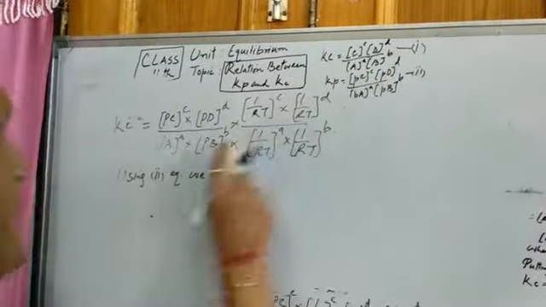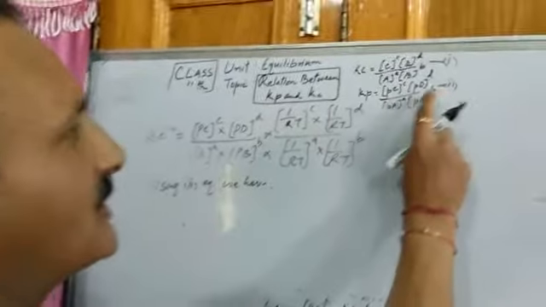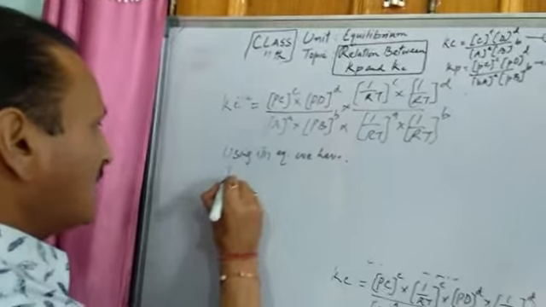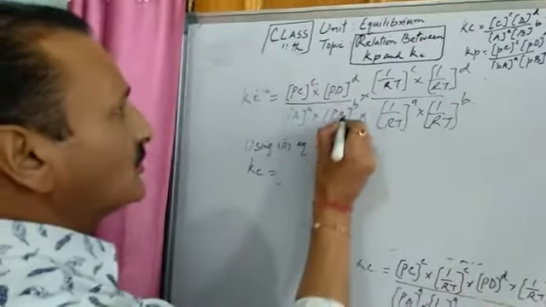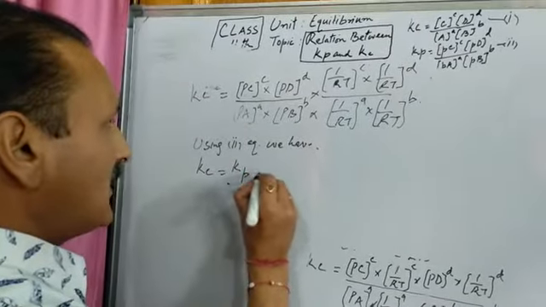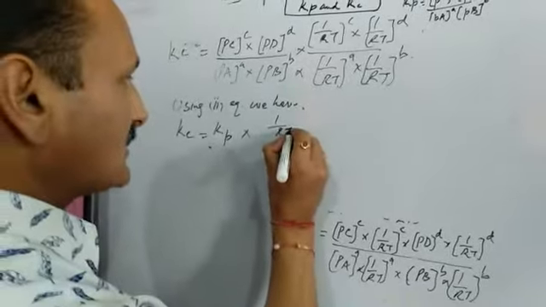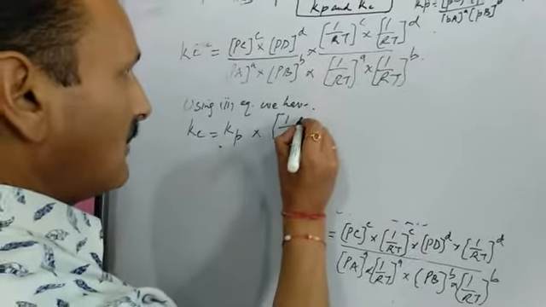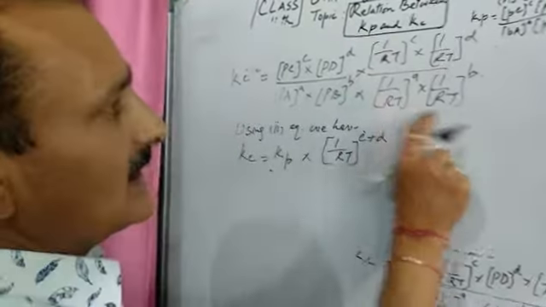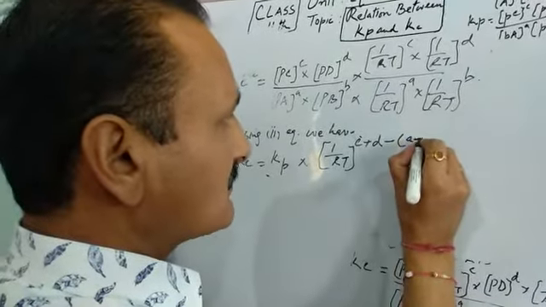Now this value is here, so in place of this we can write Kp, because according to the second equation this whole is equal to Kp. So we can write Kc equal to Kp. And here we will do one thing: when bases are same, powers will be added. So here the power will be c plus d. Here again the bases are same, so here we will get minus a plus b.